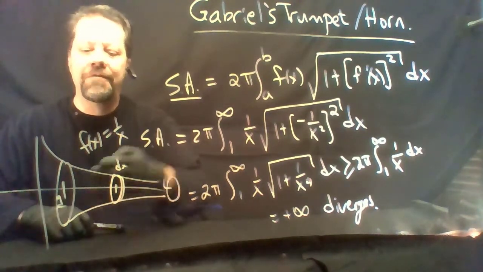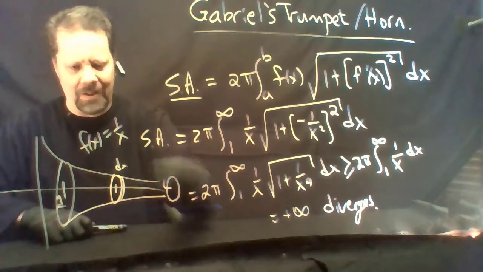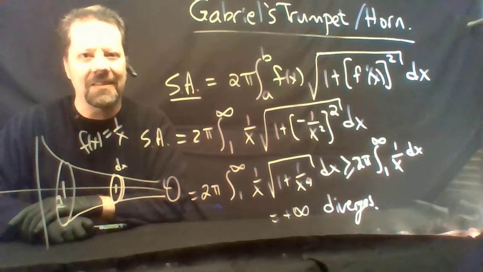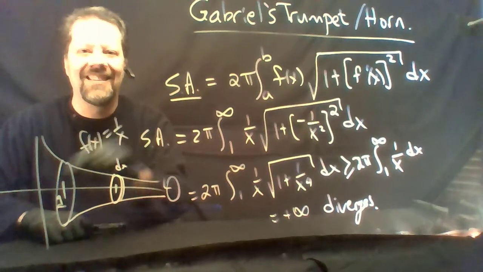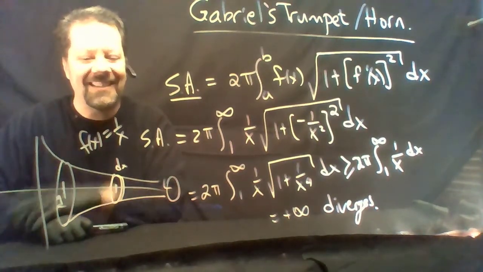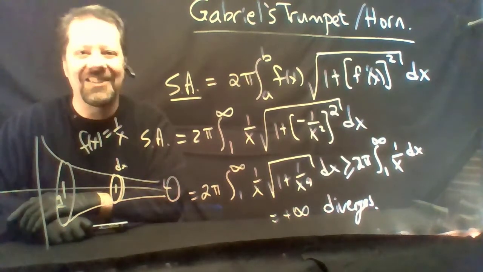If you want to fill Gabriel's horn full of paint, all the way up to the top like filling a glass, it takes pi cubic units. But if you try to paint the interior, the surface area that you have to cover is infinite. It's an infinite amount of paint that is necessary to paint just the surface on the inside.